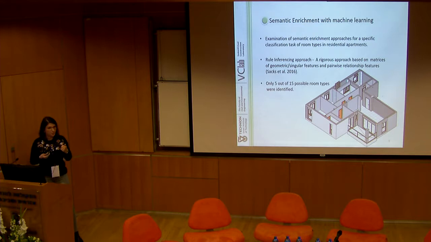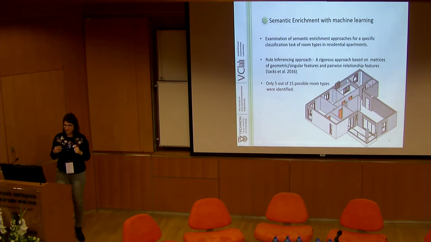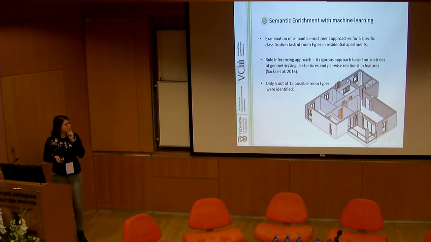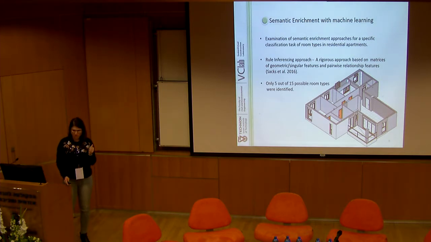In other words, we want to be able to automatically identify which space in the model is the living room, which is the bedroom, which is the kitchen, and so on and so on. We did apply the rule inferencing approach on that as well, but as you can see, the result of this is that we could only classify 5 room types out of the possible 15.